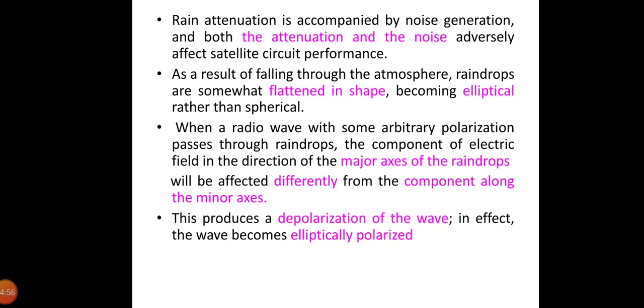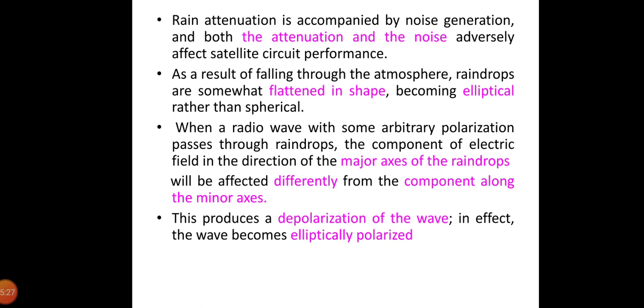Rain attenuation is accompanied by noise generation, and both the attenuation and the noise adversely affect the satellite circuit performance. As a result of falling through the atmosphere, raindrops are somewhat flattened in shape, becoming elliptical rather than spherical. When a radio wave with some arbitrary polarization passes through the raindrops, the component of the electric field in the direction of the major axis of the raindrops will be affected differently from the component along the minor axis.